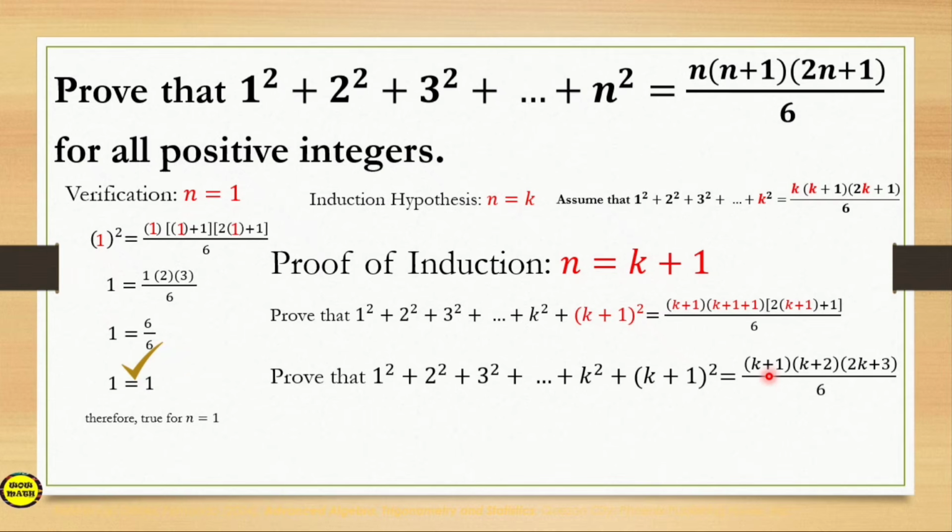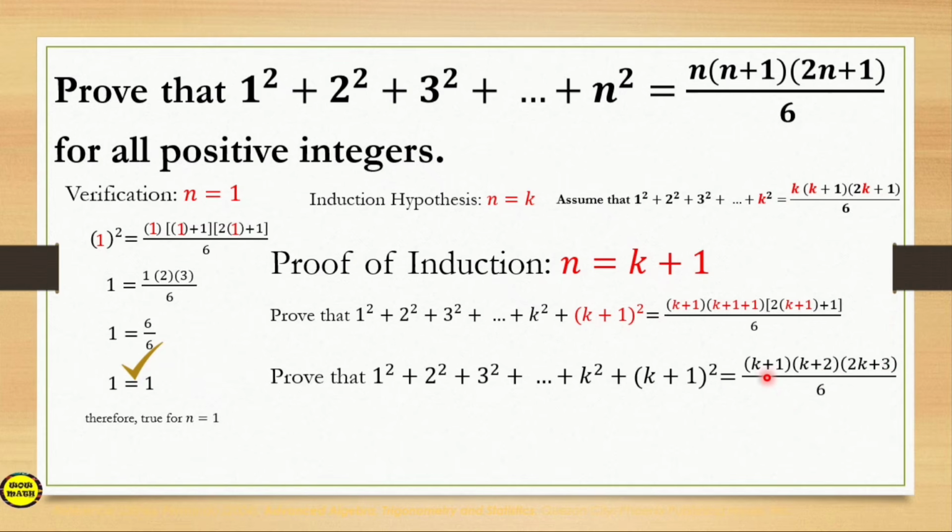So, k plus 1, copy k plus 1. So, k plus 1 plus 1, that is k plus 2. So, 2 times k, that is 2k. Then, 2 times 1, that is 2. Plus 1, the answer is 3. So, meron tayong k plus 1 times k plus 2 times 2k plus 3 all over 6.